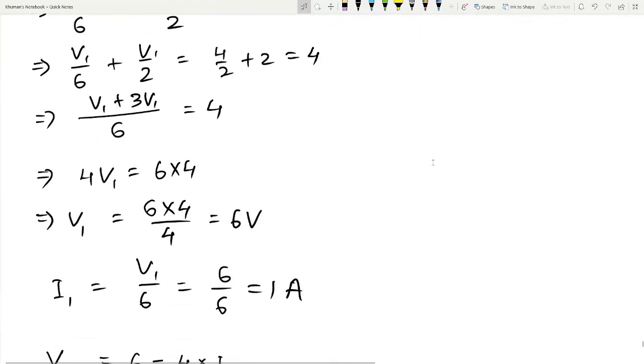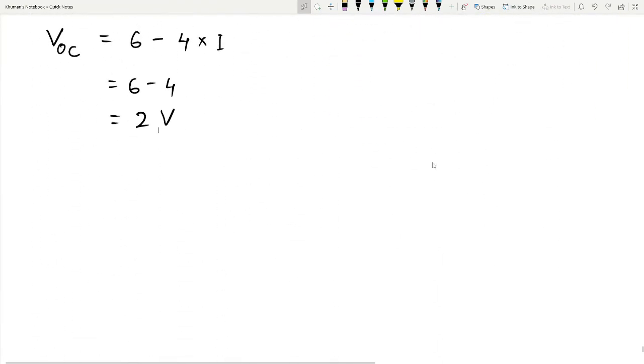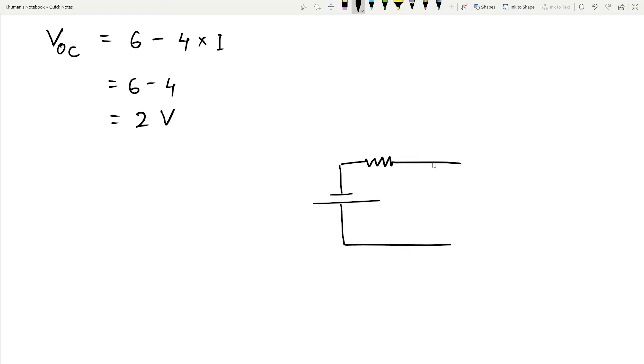Okay, then we can redraw the circuit, that is the equivalent Thevenin network. Okay, so the equivalent Thevenin network will be like this. So this is A, B. At the B terminal, positive will be at the B terminal.